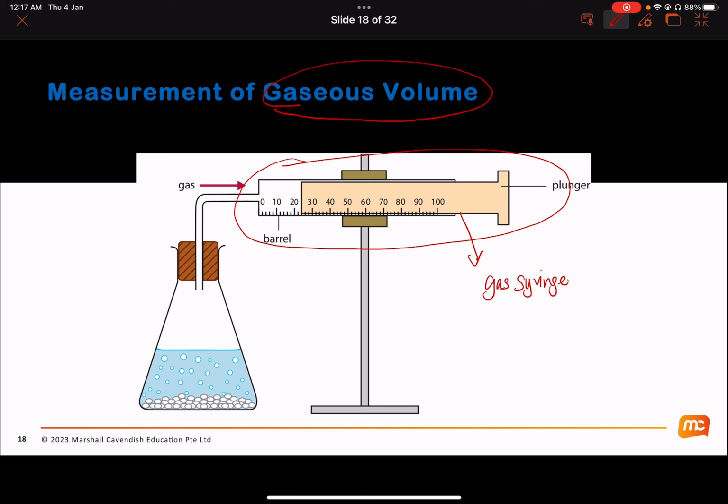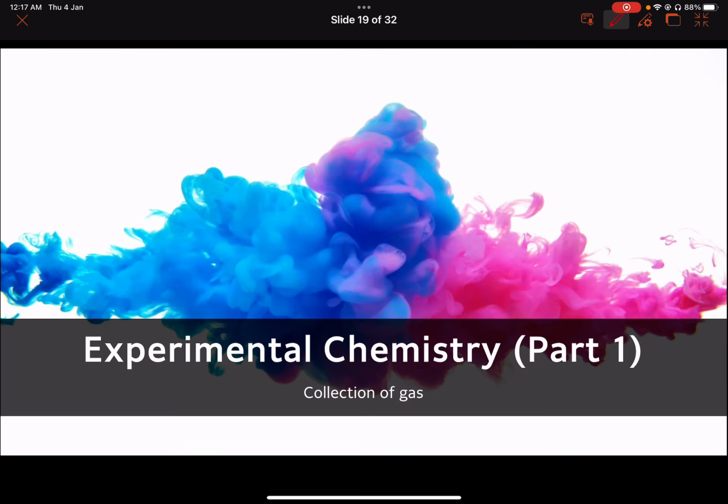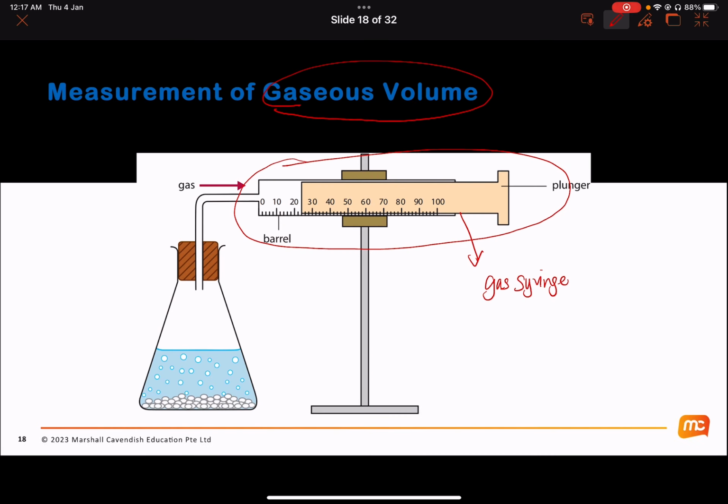With that we have cleared physical quantities, SI units, and also different apparatus used to measure different physical quantities. You can spend a bit of time to try out the questions on page 4 of your notes, and then we will be discussing it in class.